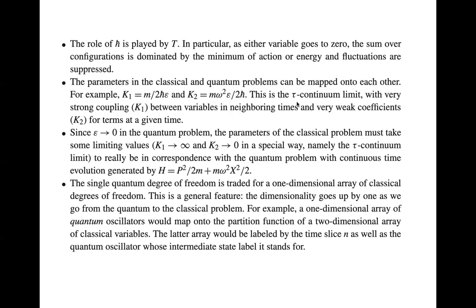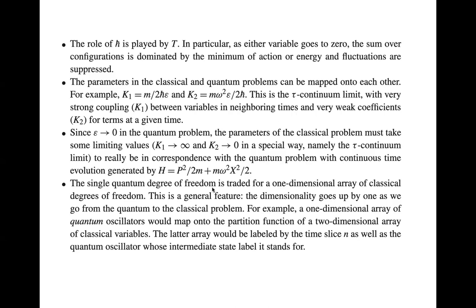So in the tau continuum limit, there is very strong coupling K1 between the variables at neighboring times and a very weak coefficient for the term at a given time. Since epsilon goes to 0 in the quantum problem, the parameters of the classical problem must take some limiting value to really be in correspondence with the quantum problem with continuum time evolution generated by the Hamiltonian.